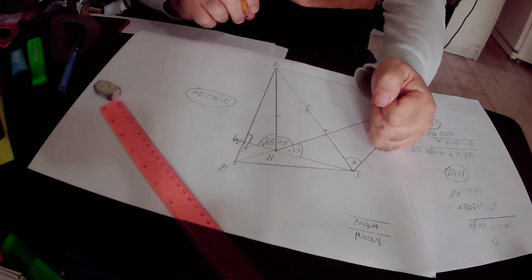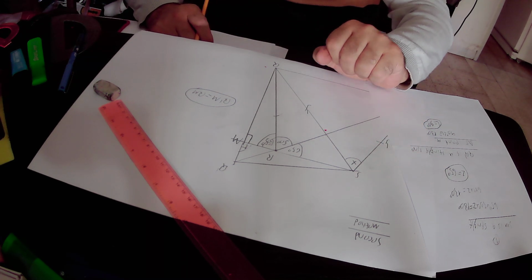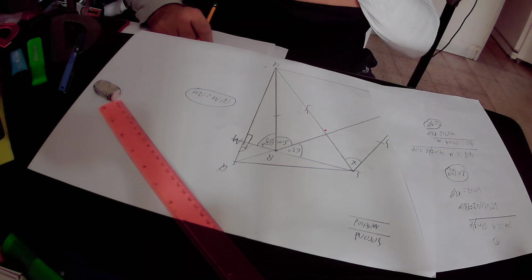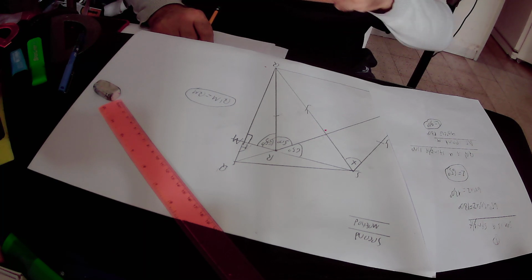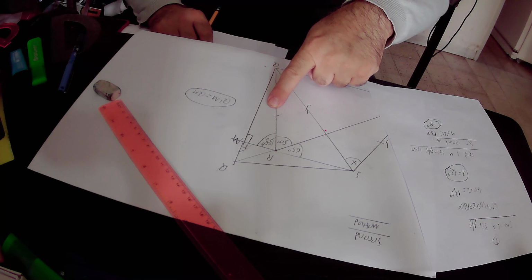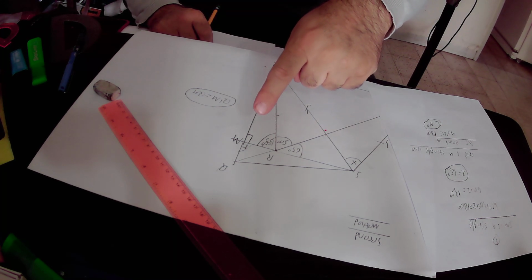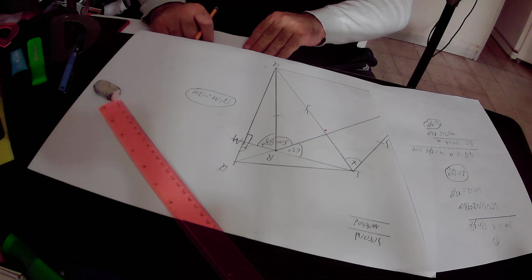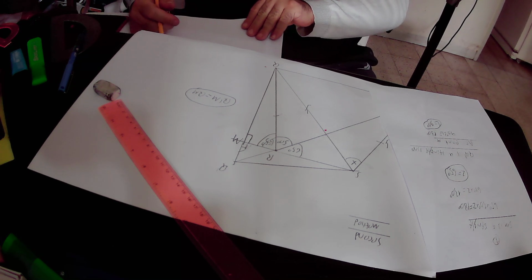So, in the next step, we will focus on the right triangle QRM and the right triangle Q'RM. Okay?